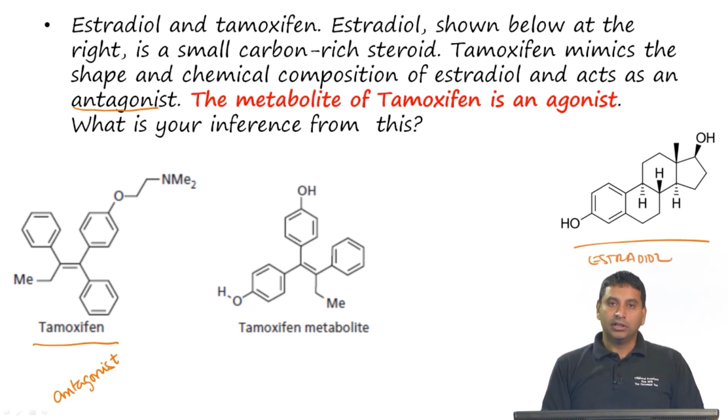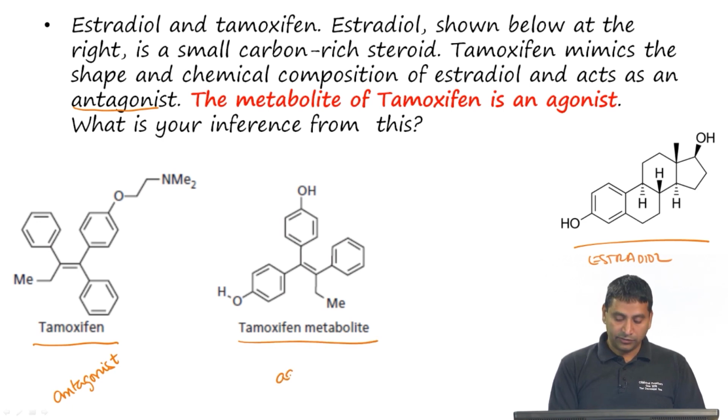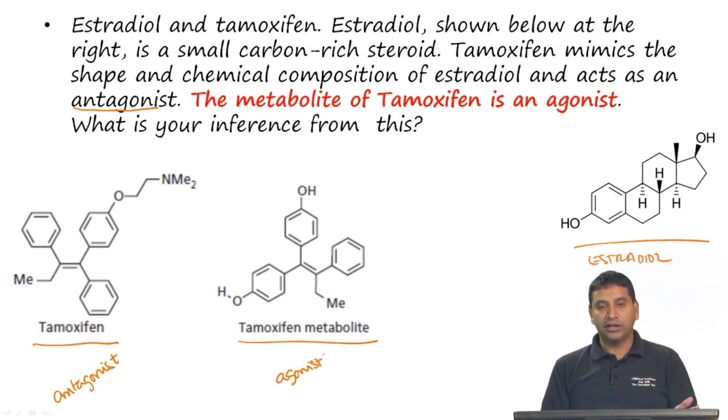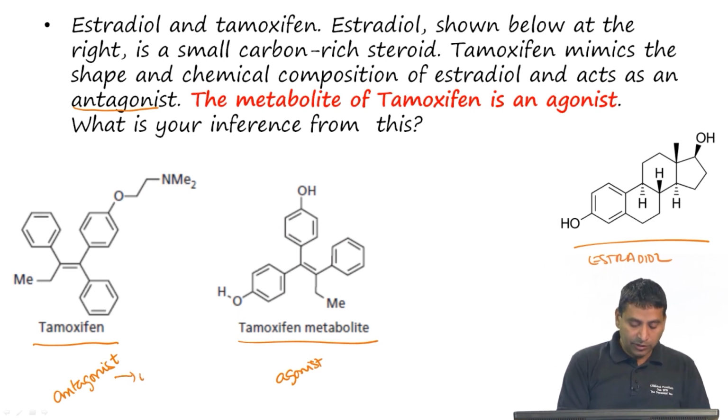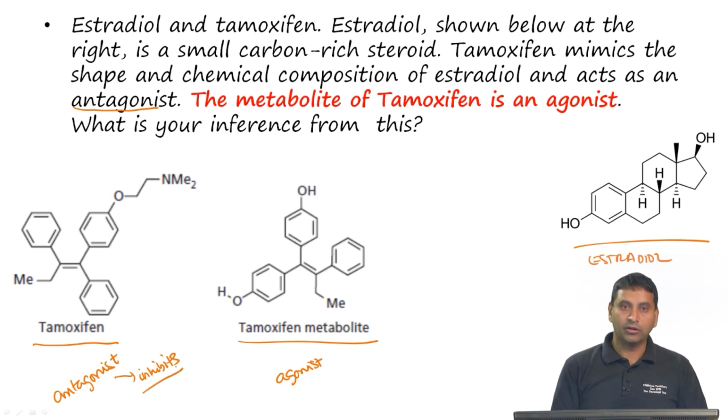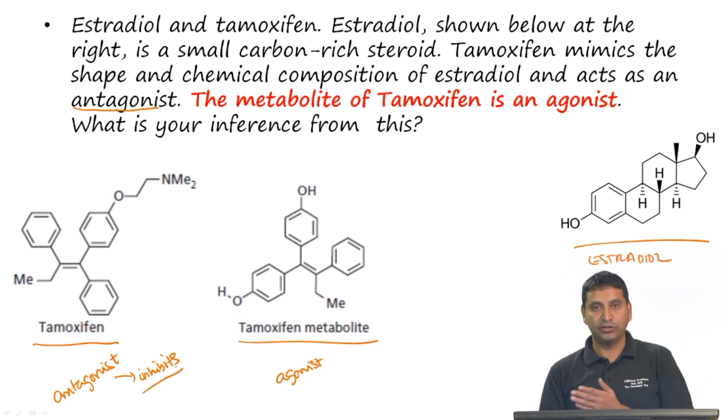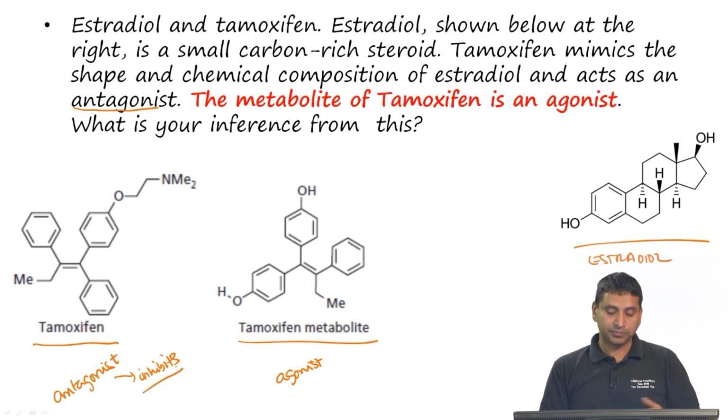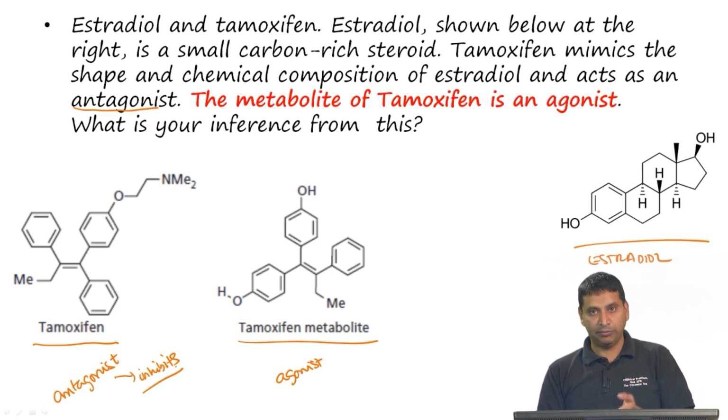Now the metabolite of tamoxifen, that is shown here, is an agonist. So let us recall what an antagonist and an agonist is. An antagonist inhibits the function of the receptor, or reduces the signal transmission by the receptor by binding to the same site pretty much as the natural ligand.